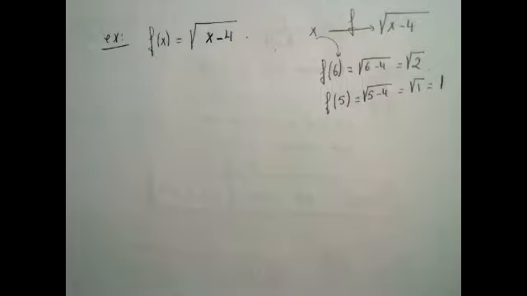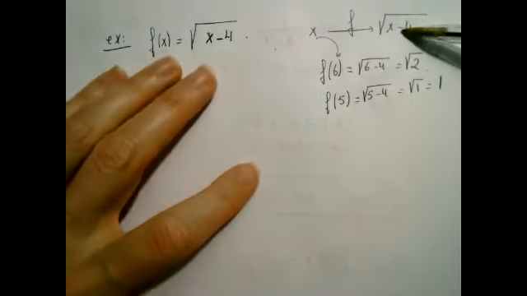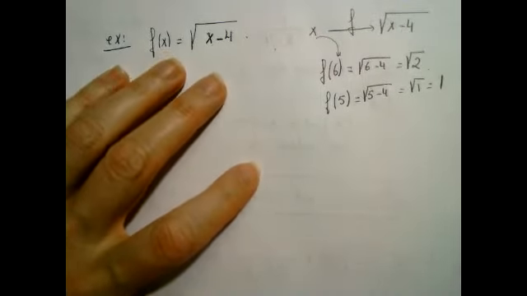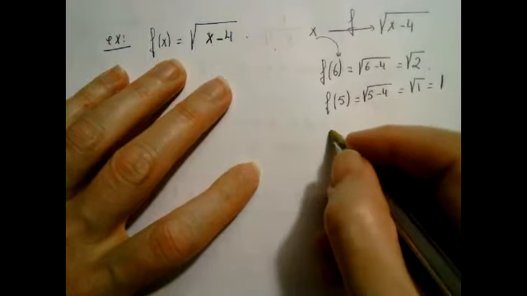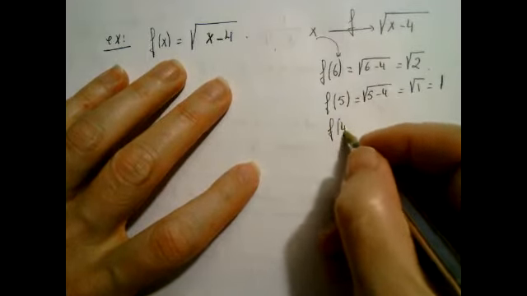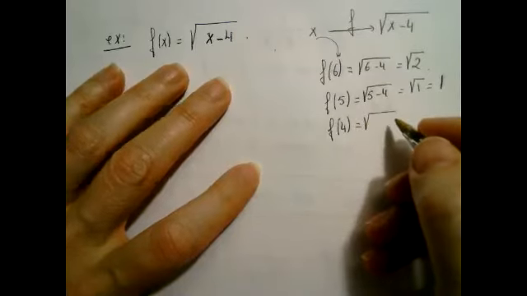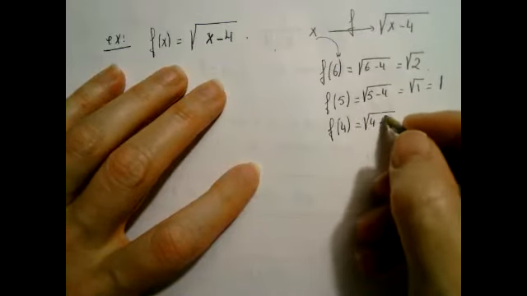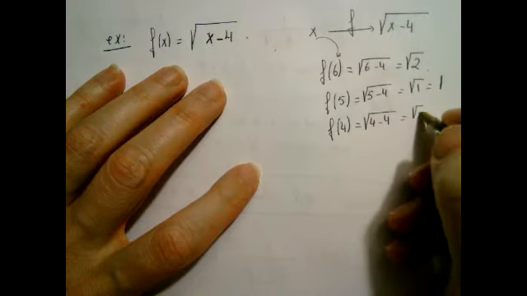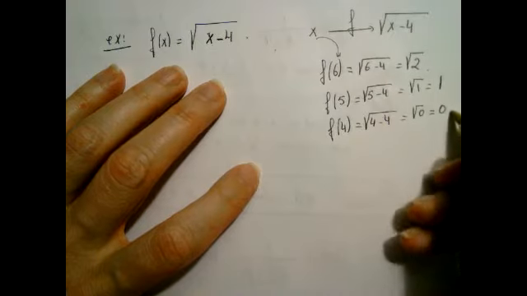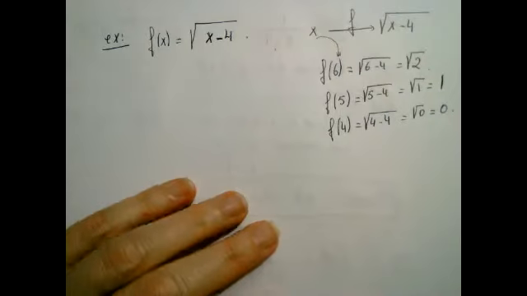Now, what I'm after is, can I input every number? We're doing this the long way, and then we'll learn the fastest way. Suppose I input 4. 4 minus 4, the square root of 0, is 0, so there is no issue.